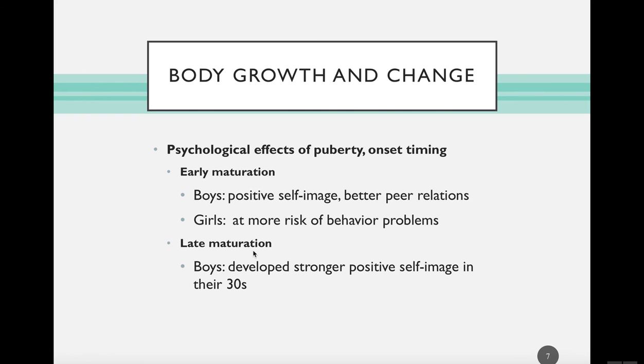However, on the other hand, for girls, there's a number of problems that girls experience when they have early maturation, and research shows that early maturing girls are more likely to smoke, drink, be depressed, have an eating disorder, engage in delinquency, struggle in earlier independence from their parents, have older friends, and their bodies are likely to elicit responses from males that lead to earlier dating and earlier sexual experiences.